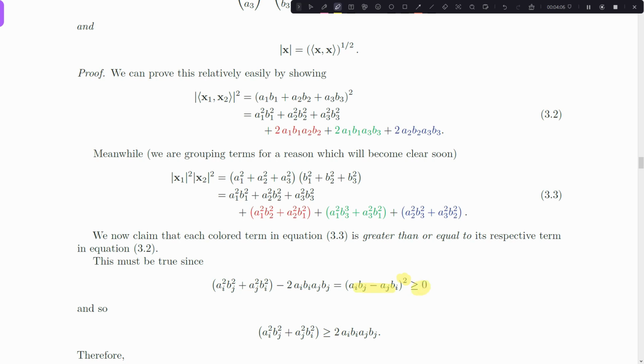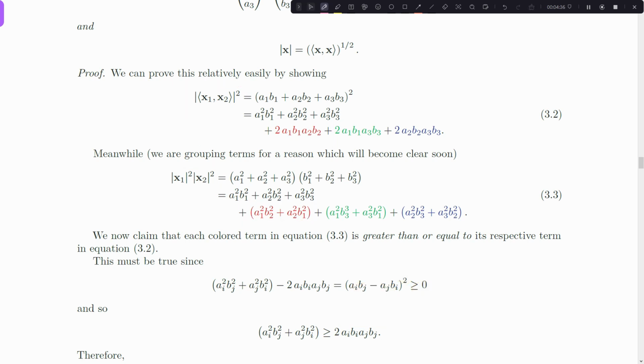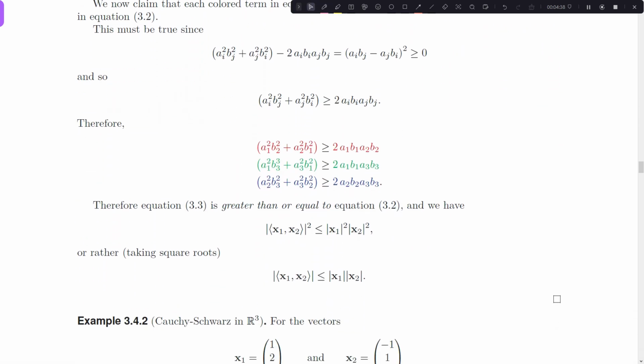Okay, so if that makes the bottom term minus the top term greater than or equal to 0, that means that the bottom term has to be at least the same size as the top term, which is what this line is saying. And therefore, we come to the conclusion that this collection of magnitudes is greater than that one. There you go. So that's how the proof works.